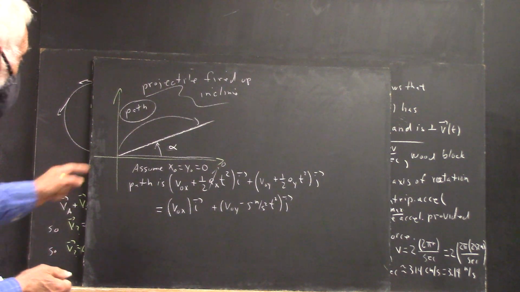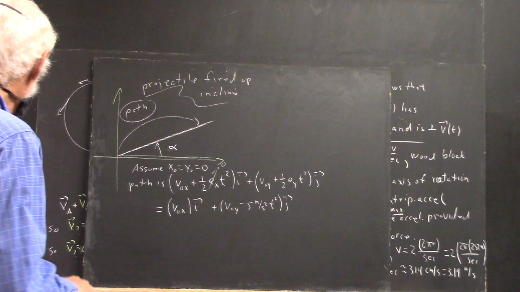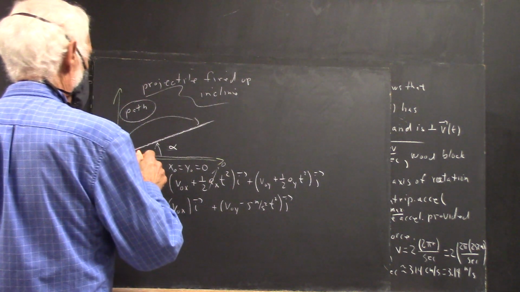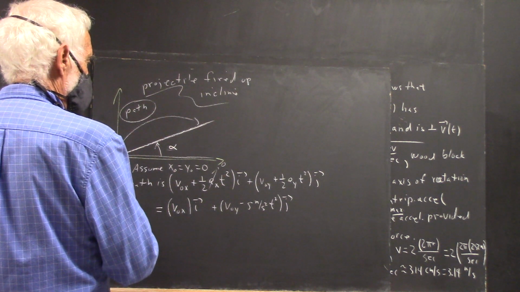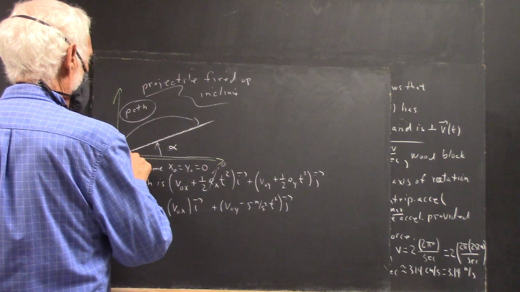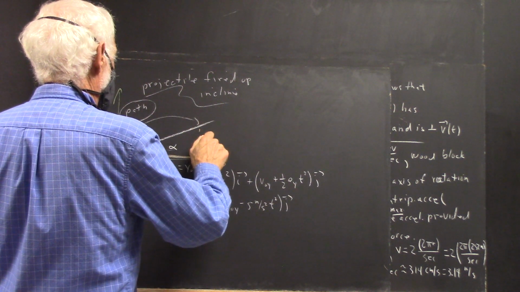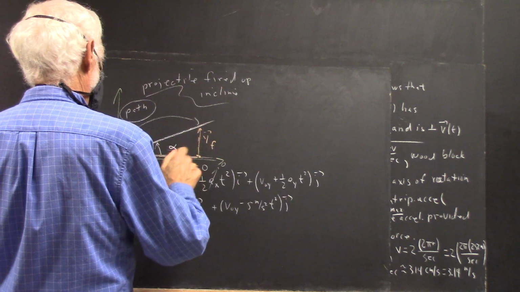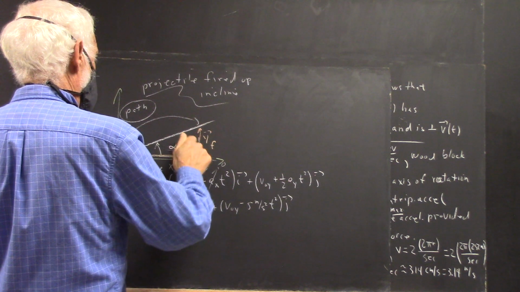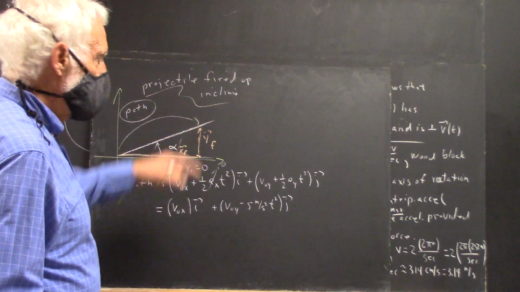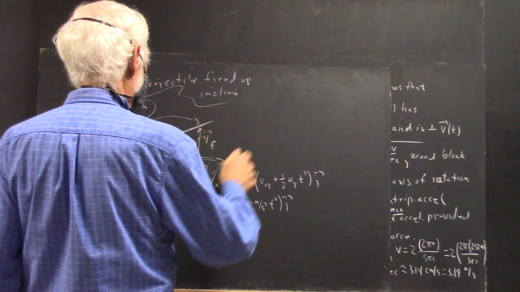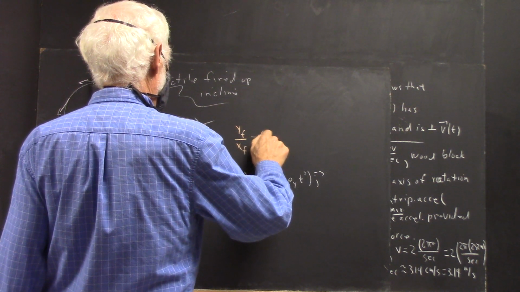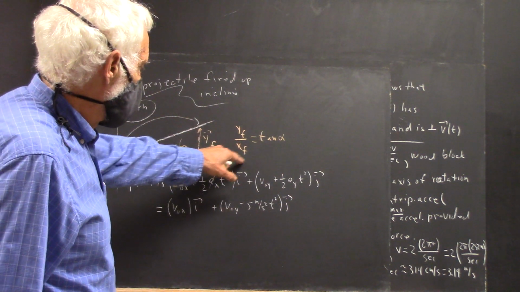Your question is, when does this thing hit the incline? Well, you hit the incline when, I'll call it xf, you have some xf and some yf such that your yf over xf equals tangent of theta.